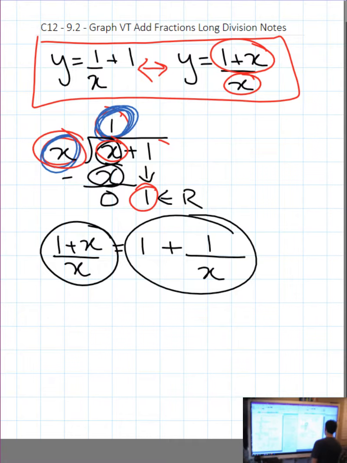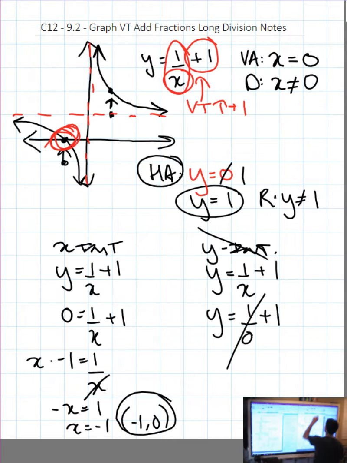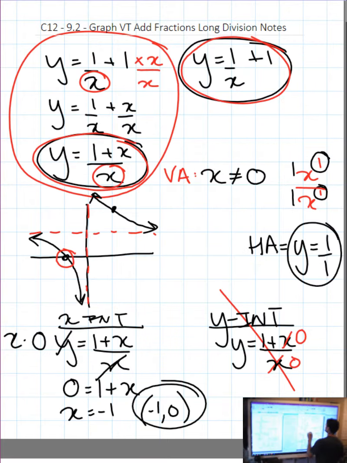So, reviewing, we may see it in this form, and we can graph it with our instructions. We may see it in this form, and we can graph it with our instructions.